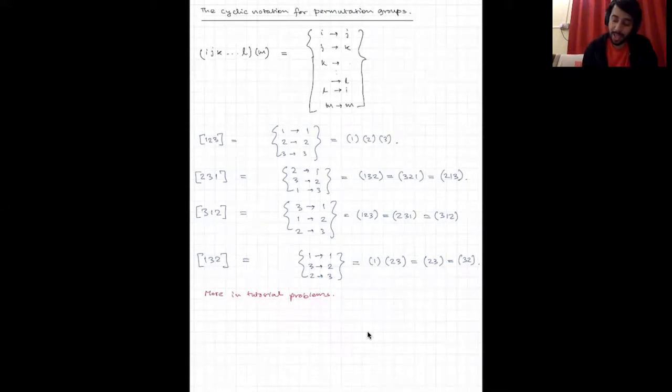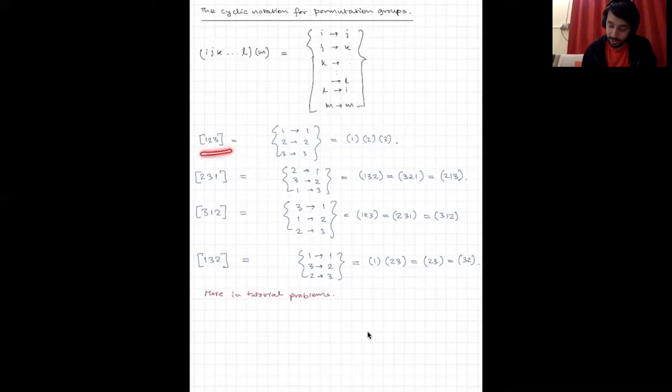If I have a notation like I, J, K, dot, dot, dot, up to L, and there's something M, this essentially means that the ith element goes to the jth element, the jth element goes to the kth element, and the L goes back to I. The separate M means that M just goes to M.